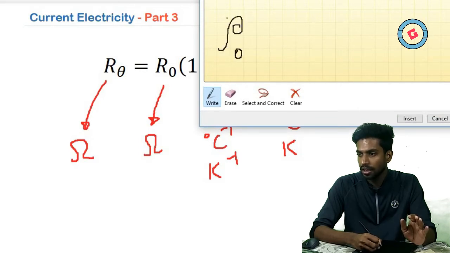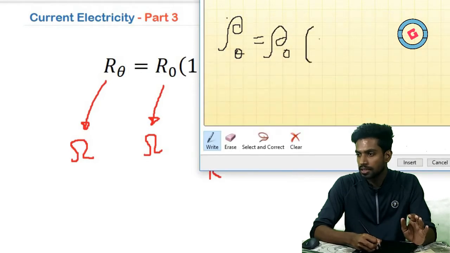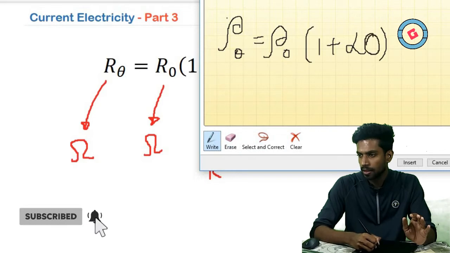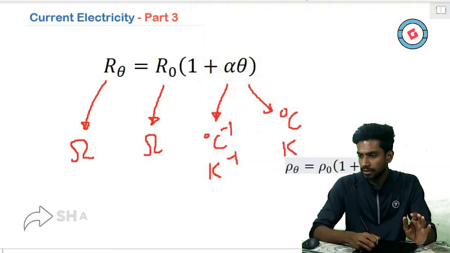Rho theta equals rho naught (1 + alpha theta). So this is the equation.